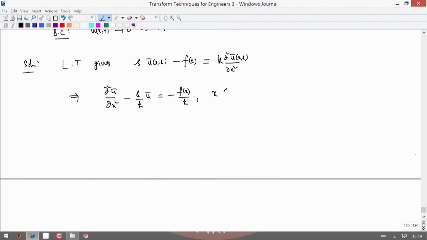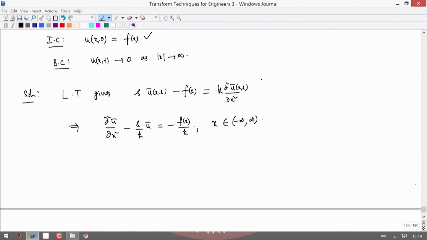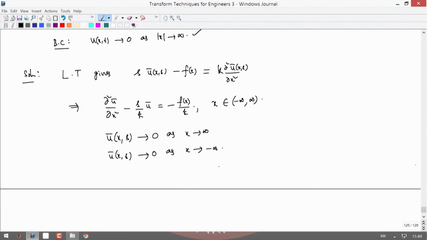This is for x belonging to minus infinity to infinity. If you apply the boundary conditions, u bar of x, s goes to 0 as x goes to infinity, and also u bar of x, s goes to 0 as x goes to minus infinity. These are the two conditions you have to use to solve this ordinary differential equation.